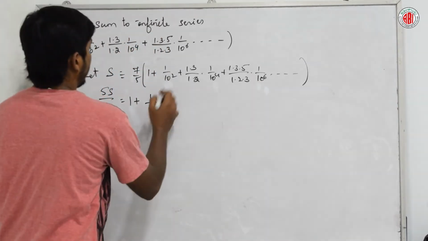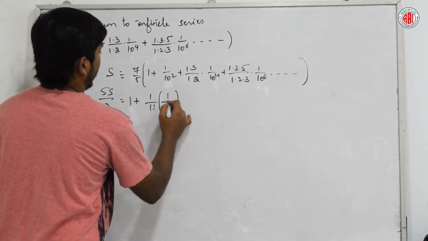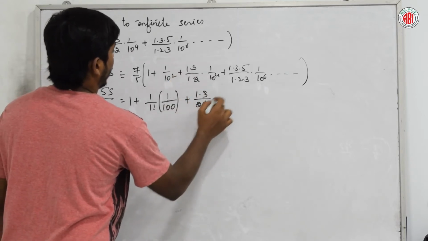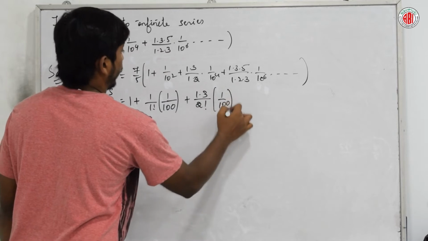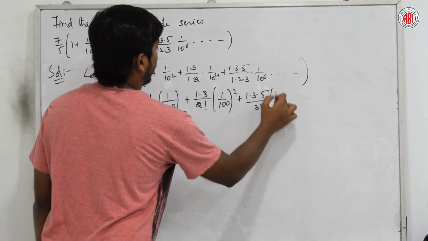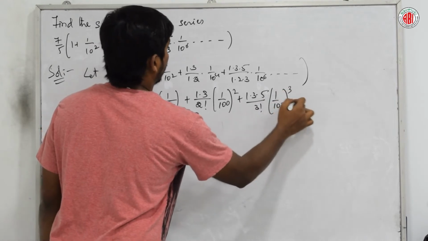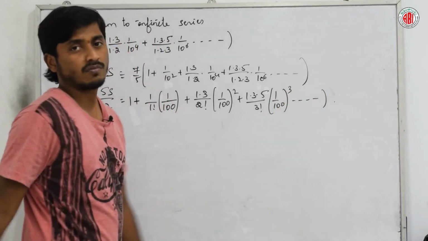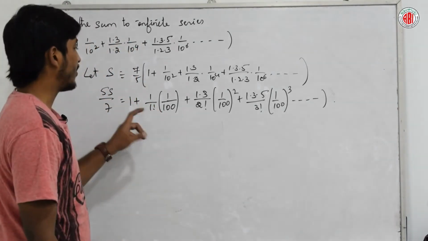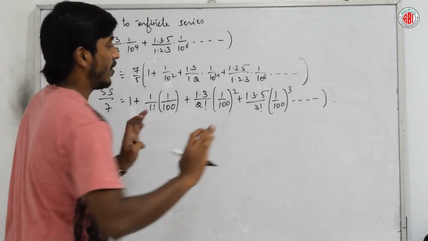So this will be 1 by 100 plus 1 into 3 by 2 factorial into 1 by 100 whole square, 1 3 5 by 3 factorial into 1 by 100 whole cube and so on. Is it right? So now if we observe, this is completely in the form of our formula.